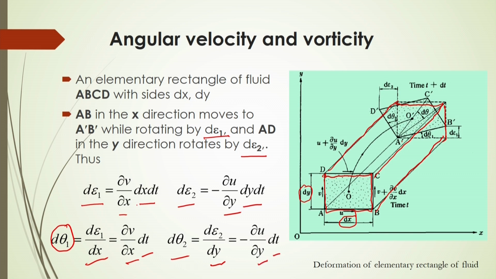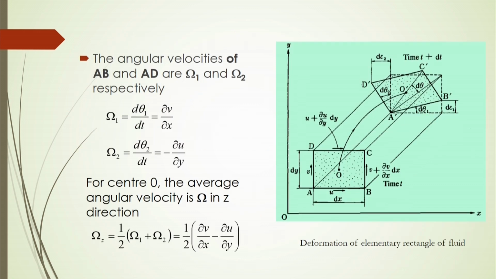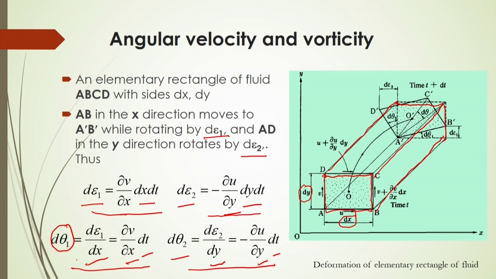So, in this way we can calculate d epsilon 1 and d epsilon 2, and how d theta 1 is related to that. Then from these two deformations, epsilon 1 and epsilon 2, we can easily calculate d theta 1, the angular deformation.